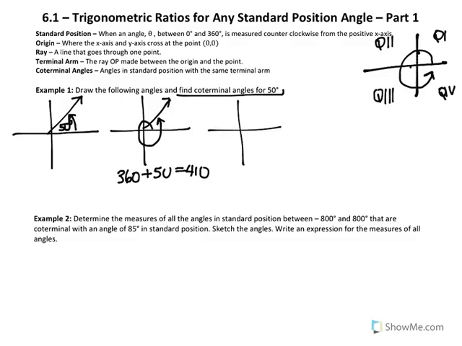Another example of this could be two full circles and then another 50 degrees, and that would be 770 degrees. We also can count negative angles, so it could still be in this position, but instead of counting this way, which is the positive, we would count this way, which is the negative.